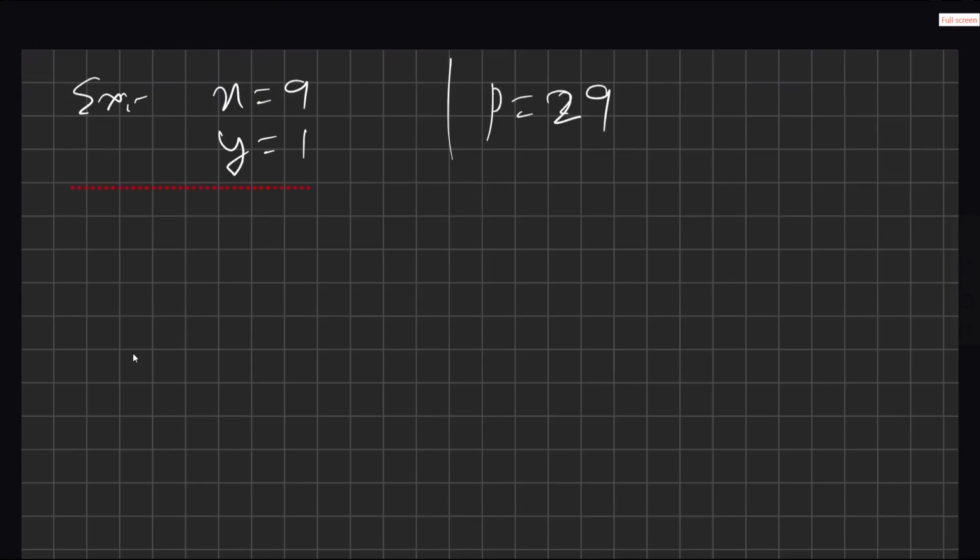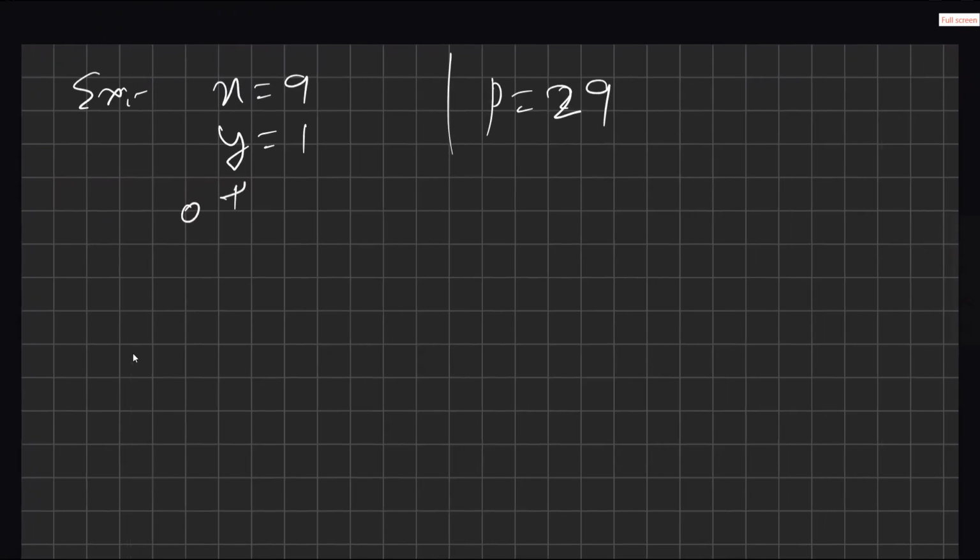Now let's go to example 3. In the zeroth operation, when you're not increasing anything, the answer is 9, which is not greater than or equal to p, because p is 29.